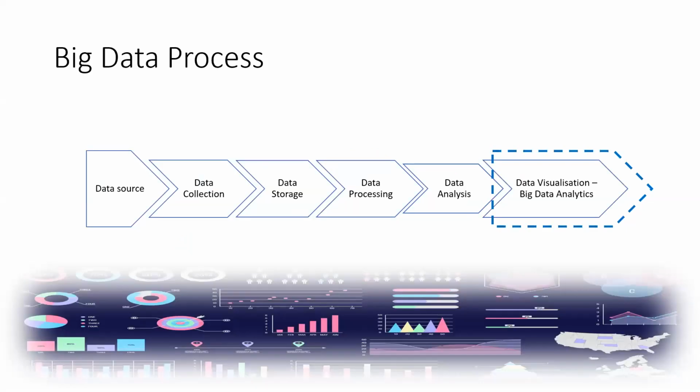These are all the elements the process has: data source, data collection, storage, processing. Each step of the process has considerably different elements from past database systems. Among these big data processes, visualization is a process that analyzes data sets expressed in graph or table format.